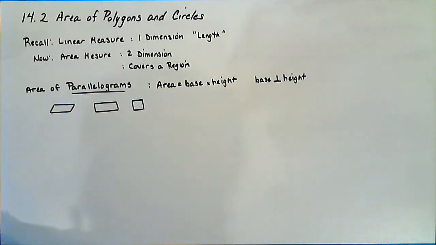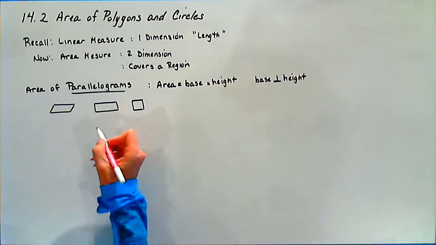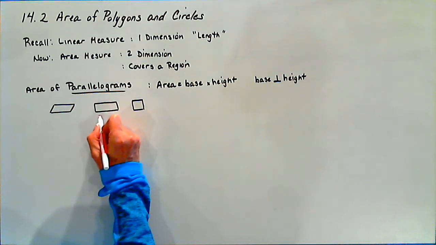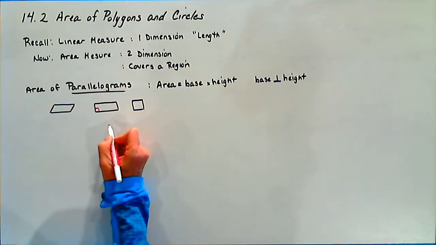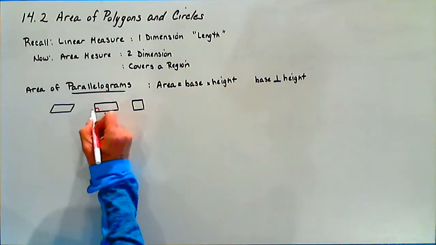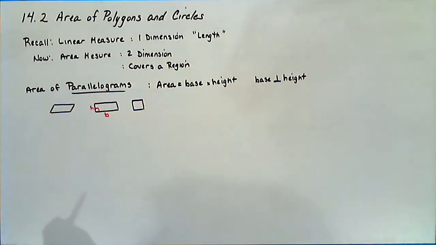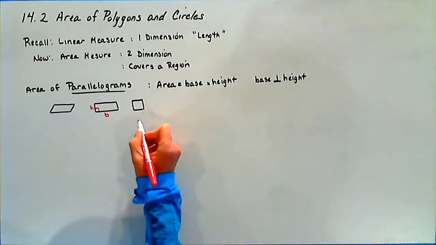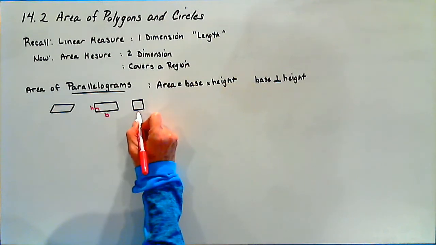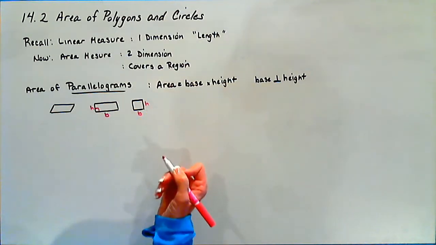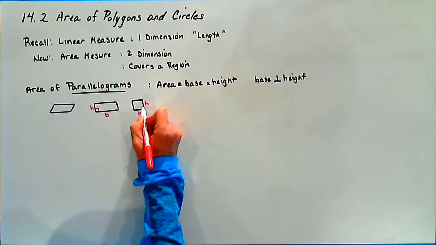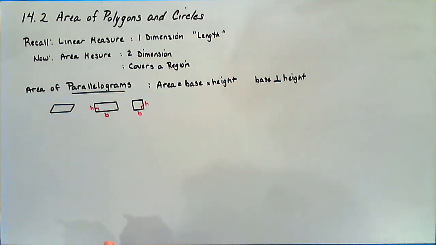Oftentimes we think of a rectangle, and we always say, oh, the base has to be on the bottom. Well, no, it doesn't. As long as we have a right angle, we can call this the base and the height, or you can do the other way around. I like to think of a square as a rectangle and just say, look, it's not a different formula. Since that's a right angle, it's still base times height, or side times side.